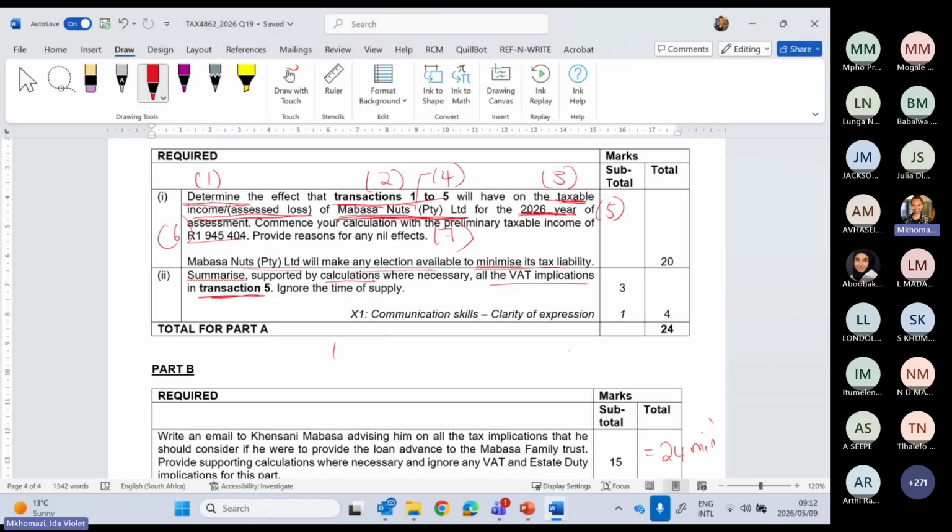For this part, they only want the VAT implications for transaction 5, not for transactions 1 to 5. If you give us the VAT implications for 1 to 5, you are going to waste time. As you can see, there are only 4 marks available for this part. Then they say, ignore the time of supply.